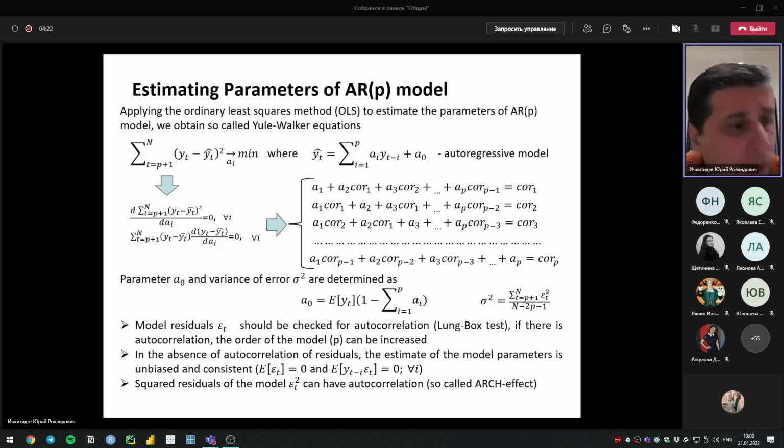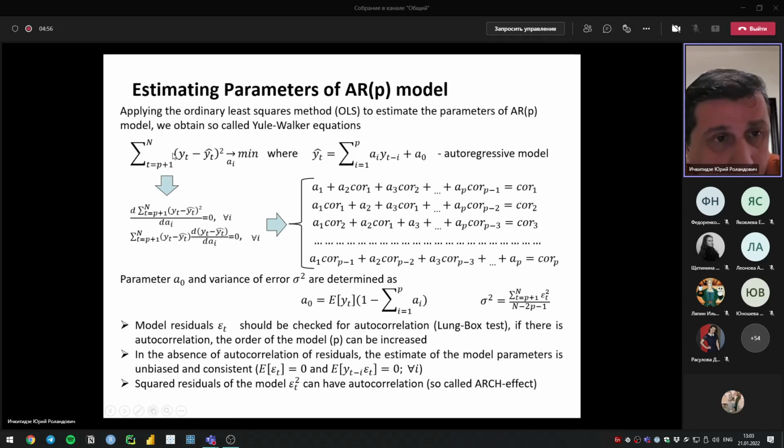It is the simplest, and clearly the least squares method for estimating the parameters of this model works very well. We apply the least squares method, that is, we need to minimize the sum of the deviations of the actual values from the model. The cap here is a model estimate corresponding to some autoregressive process with given parameters.